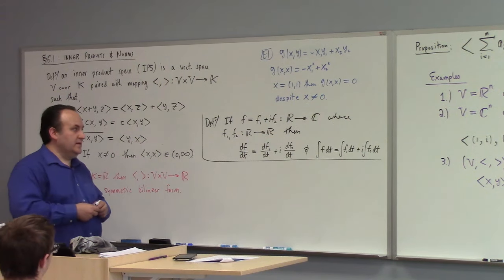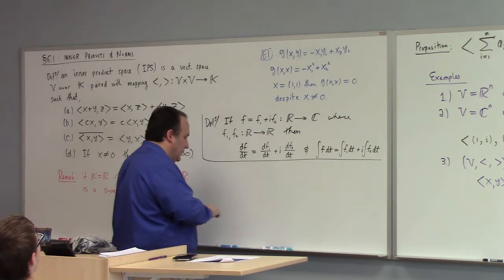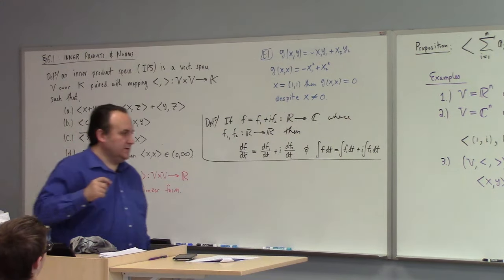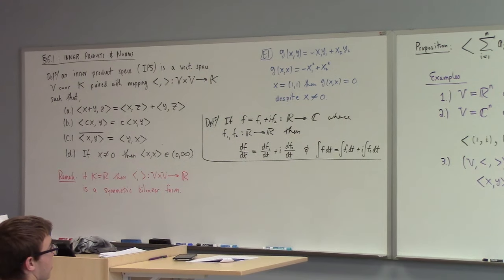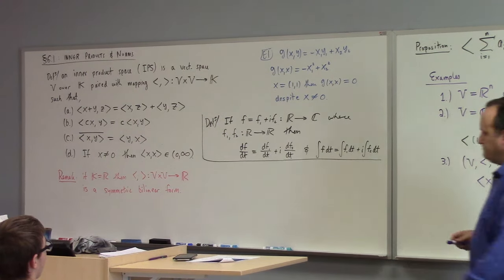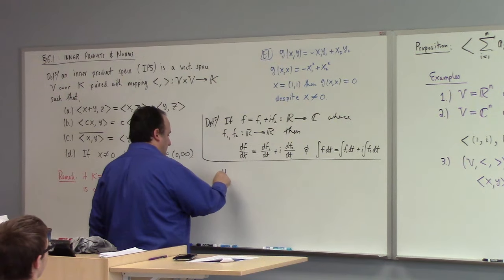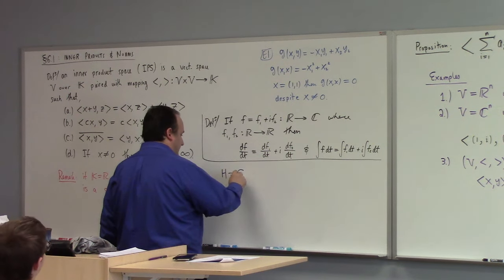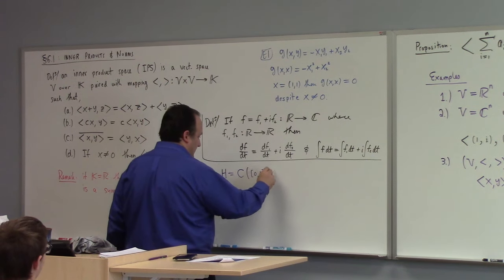All right. But we need this to understand the following example, which your book calls H, and I will as well. So the H example. H here is equal to, well, I would call it continuous functions from [0, 1] to the complexes.